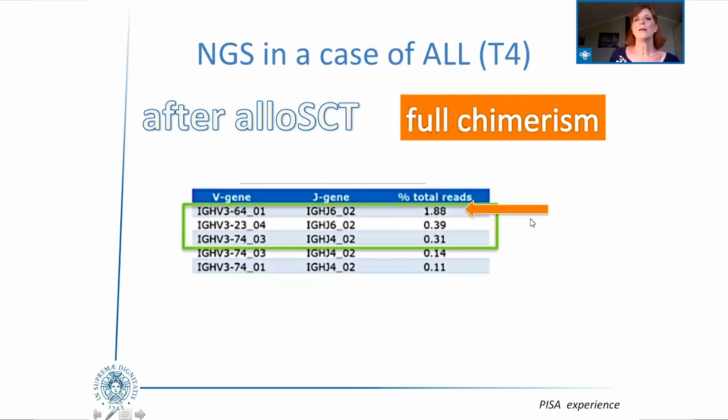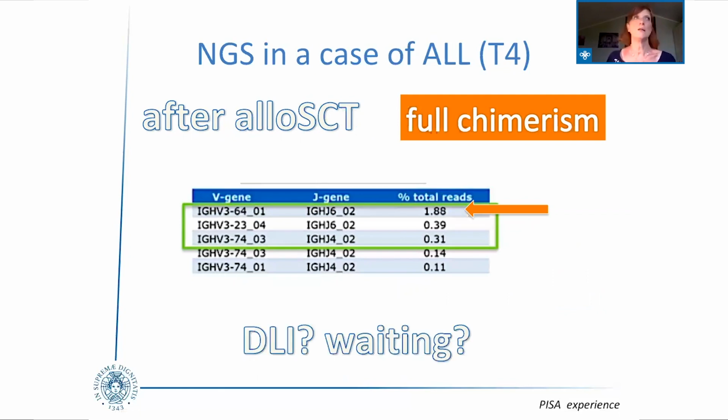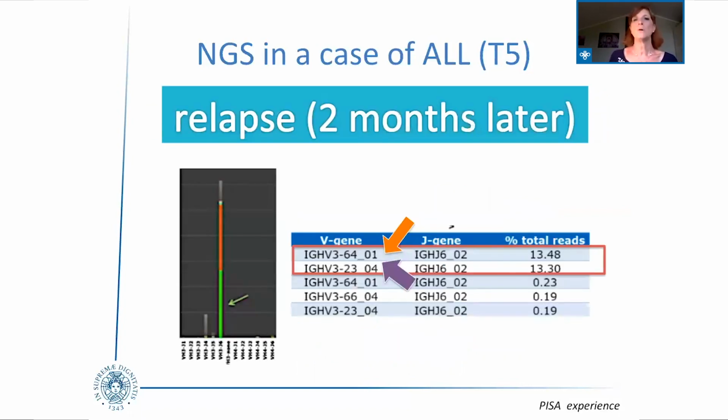We discussed the possibility of performing donor lymphocyte infusion, but we were worried about the risk of chronic GVHD, and so we decided to wait. But it was not good, because after 2 months, the patient relapsed with 15% of blasts. And you can see here both clones, the violet and the orange clone.